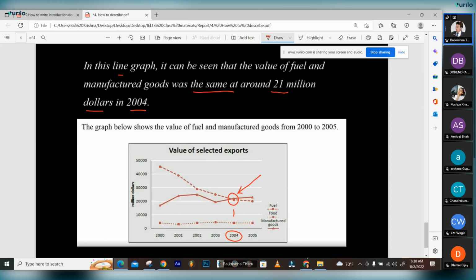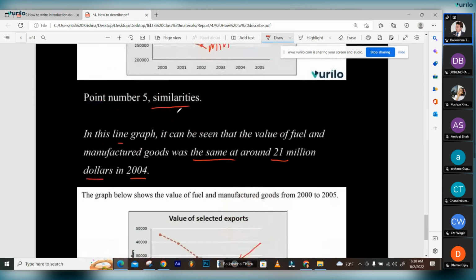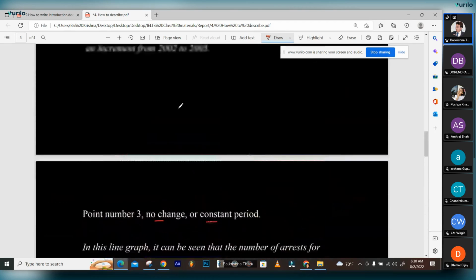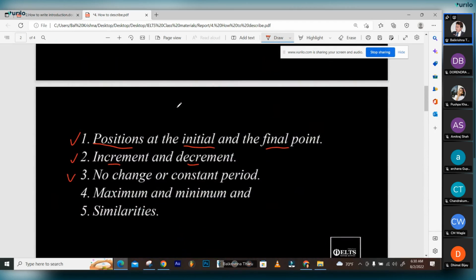So this is similarity, cross section, you may say. These are the 5 major points that we need to consider while writing a report.